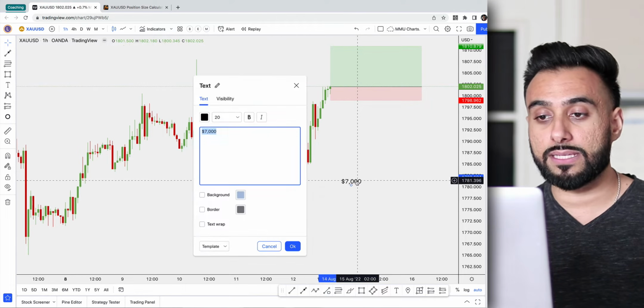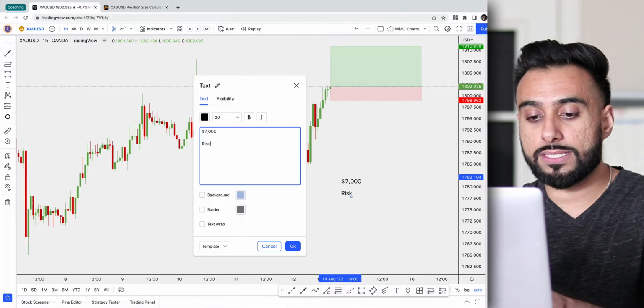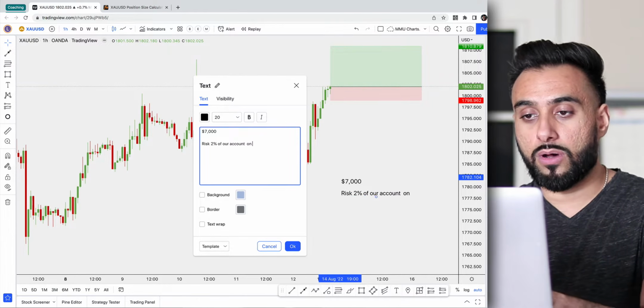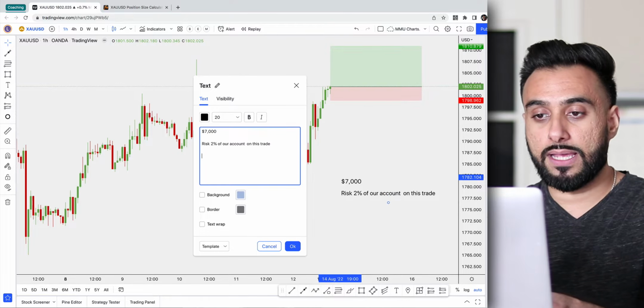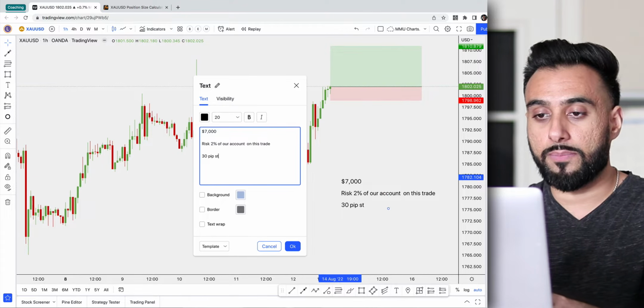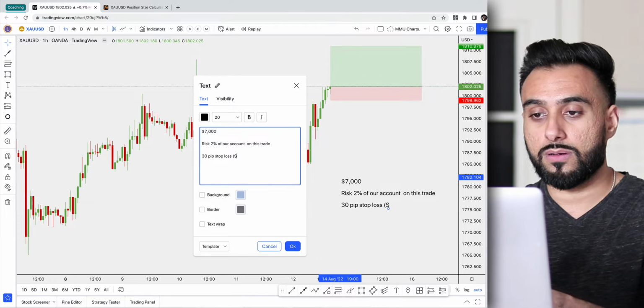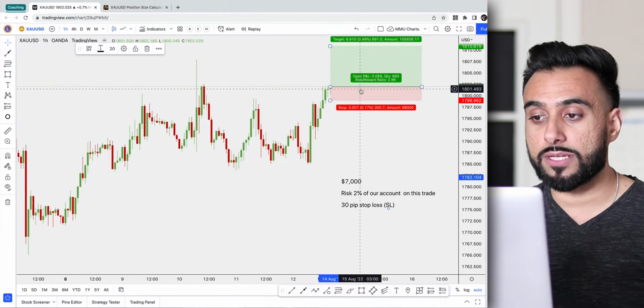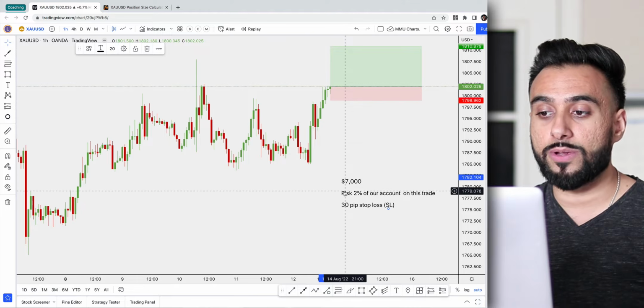Let's say in this scenario we want to risk 2% of our account on this trade, and we had a 30 pip stop loss, or SL, right? So 30 pip stop loss, $7,000 account, risking 2% of our account.